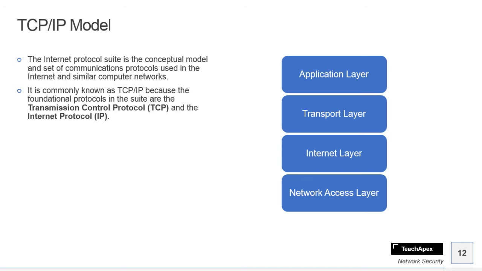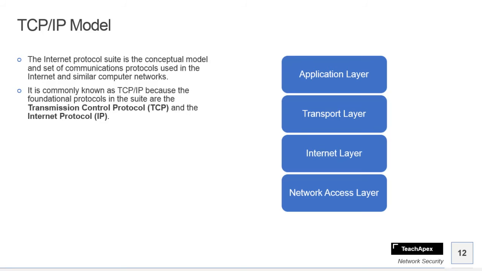The Internet Protocol Suite is the conceptual model and set of communications protocols used in the Internet and similar computer networks. This is commonly used as TCP/IP because the foundational protocols are TCP and IP. TCP, Transmission Control Protocol, and IP, Internet Protocol.